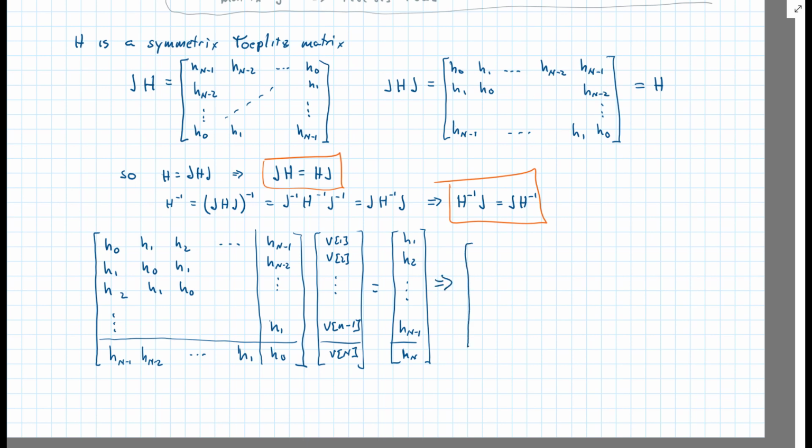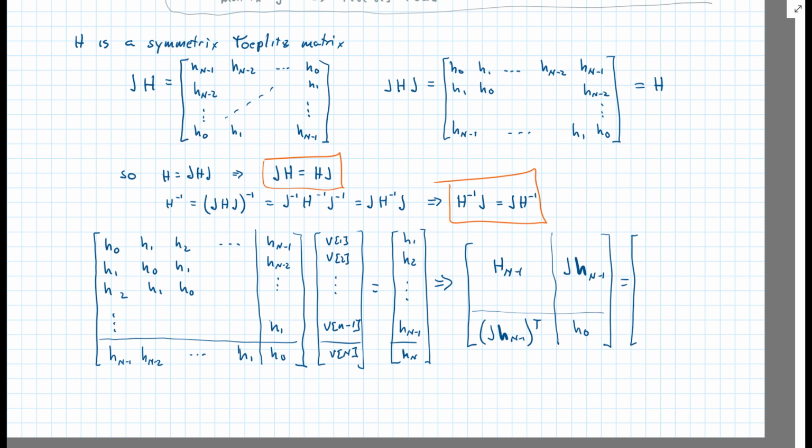This will give us, we're going to call this the matrix H_{n-1}. This is J times the vector h_{n-1}. That's just a scalar H0. And then this is the same thing as we had in the right column, but now it's a row. So we'll transpose it and go there.